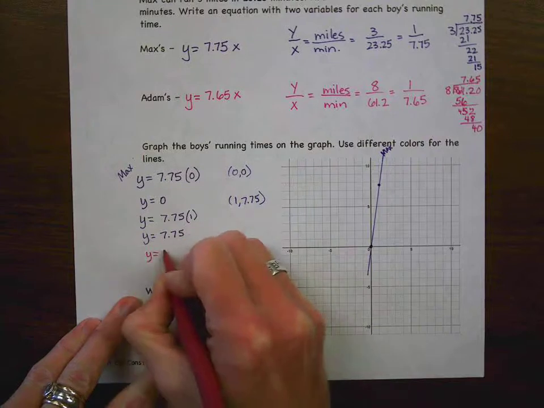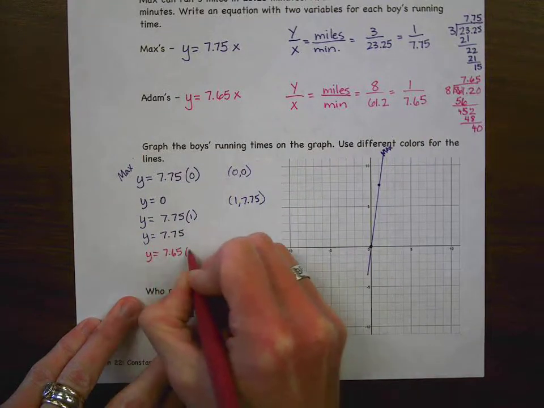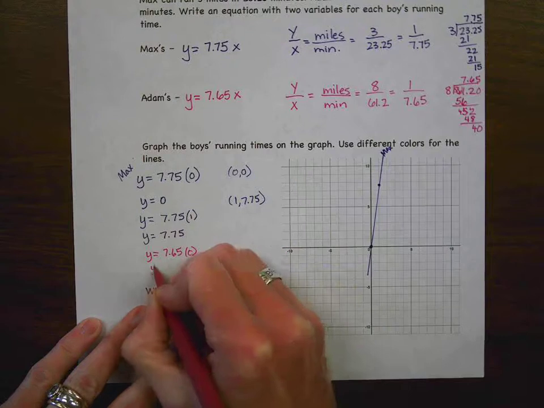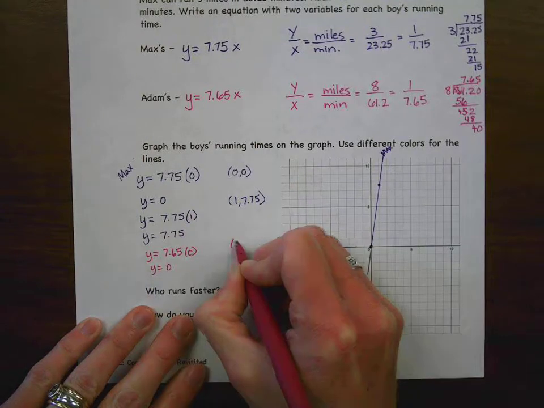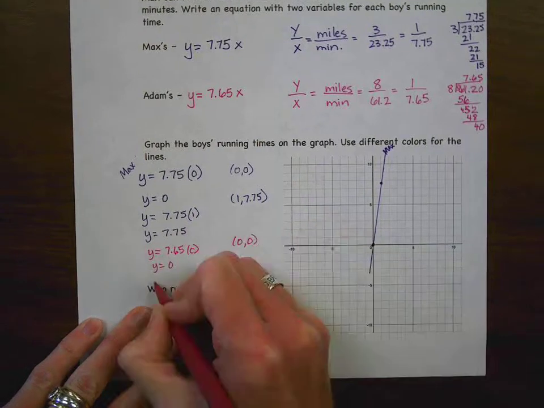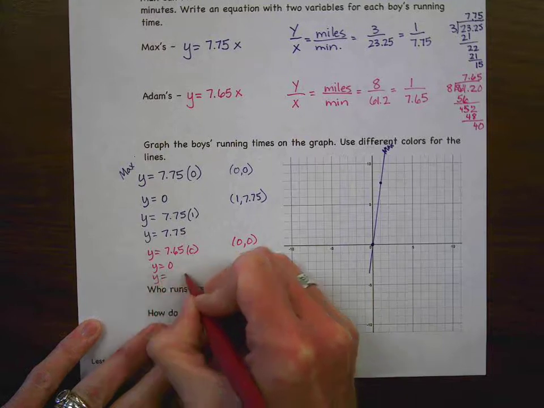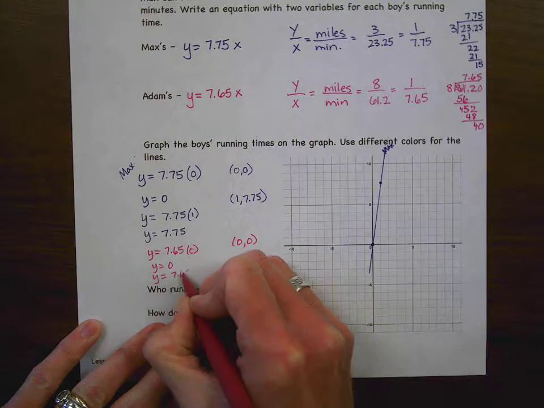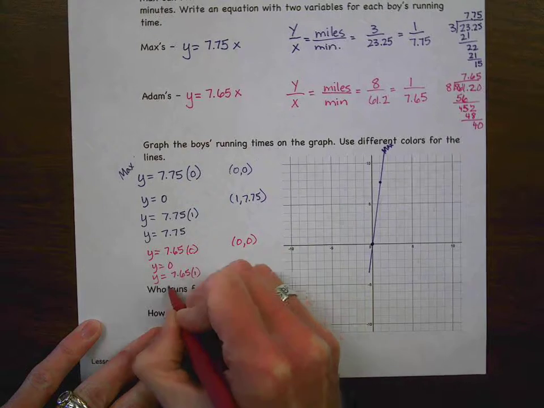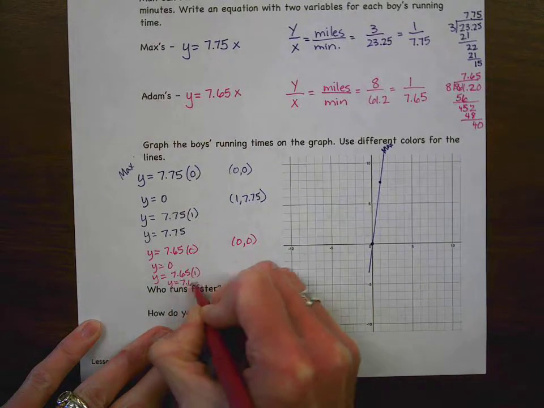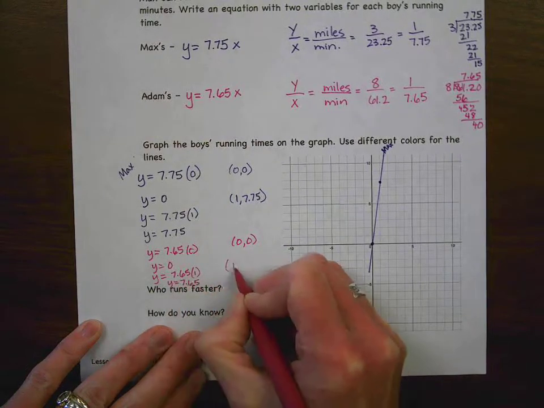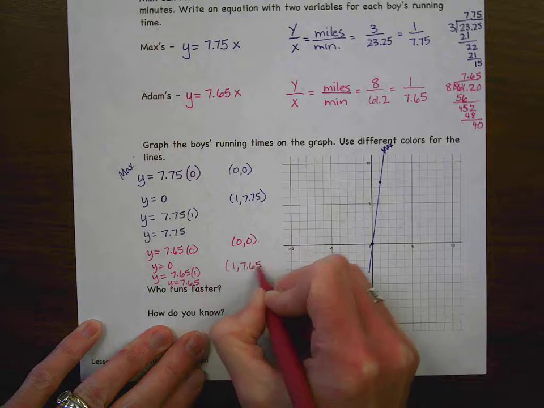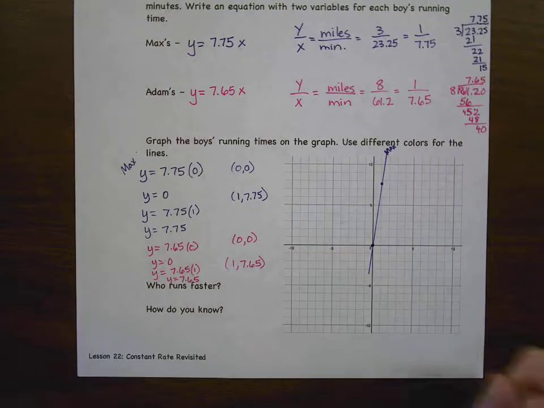We're going to use the same technique. Adam's would be y equals 7.65 times 0, so y equals 0. So again, we have 0, 0, and then y equals 7.65 times 1, so y equals 7.65. So on this one, we have 1, 7.65.